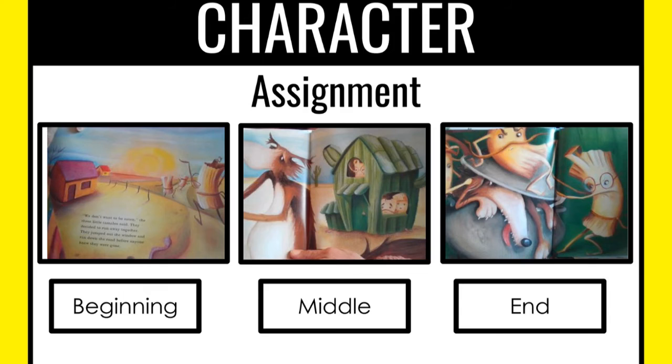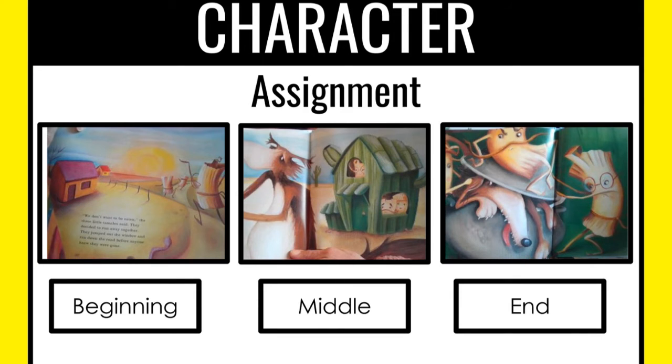Next, go to the middle. When you notice a new feeling the third little tamale is experiencing, pause. Visualize what her face looks like. Then think about what caused her feelings to change and type it in your Google Doc in the space labeled middle. Finally, go to the end of the three little tamales, reread your text, pause when you notice a new feeling the third little tamale is experiencing.